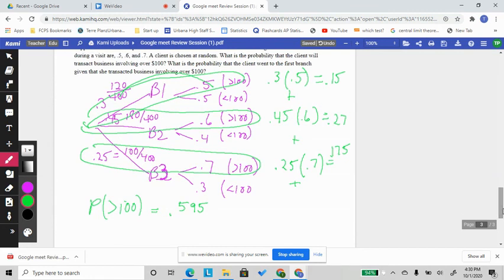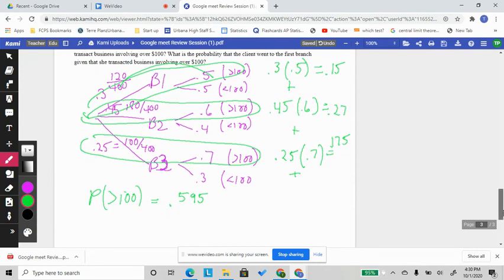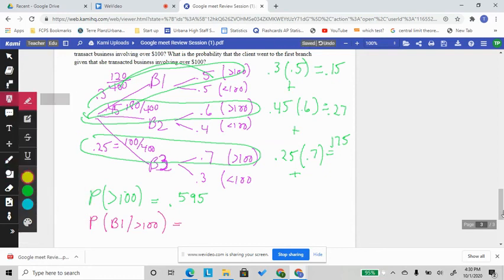What is the probability that the client went to the first branch given that it involved over 100? Okay, so now the question is the probability that they went to branch 1 given that it was over 100. That means that's all you're looking at now. That's all you're given.